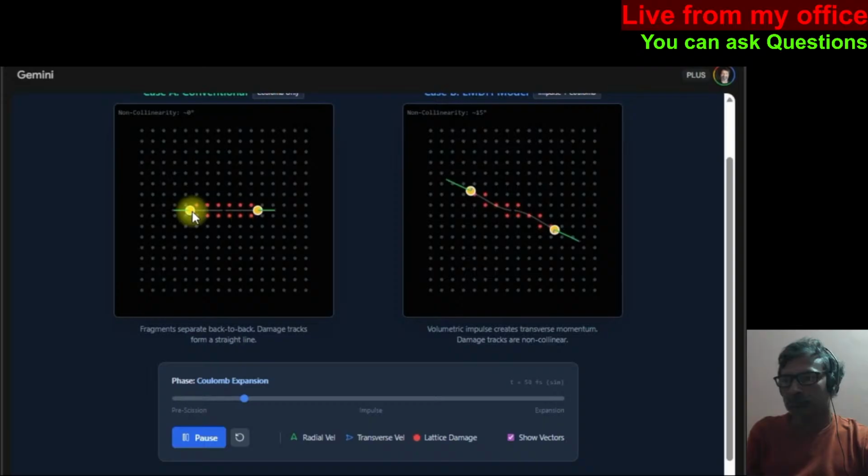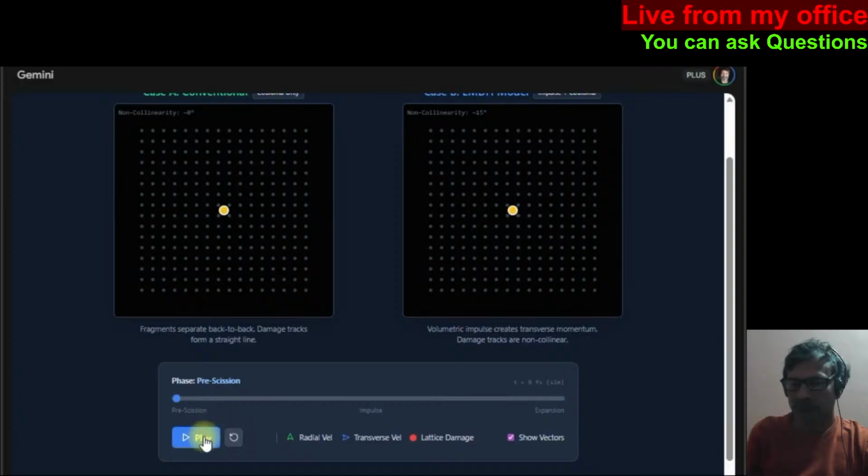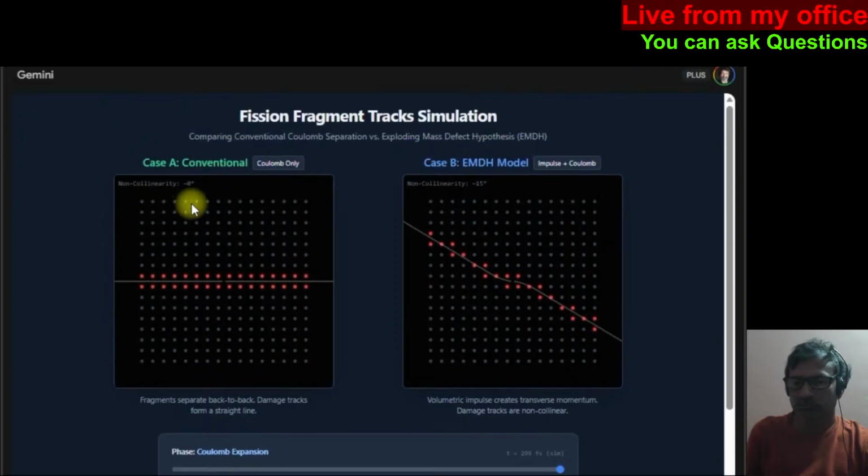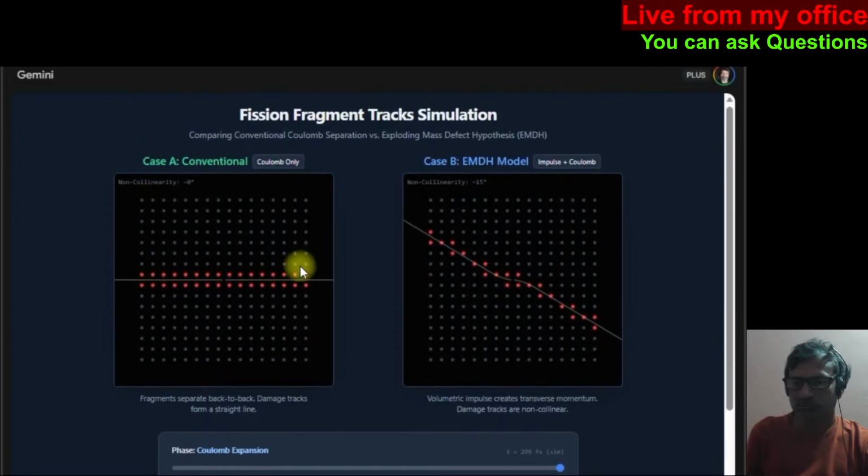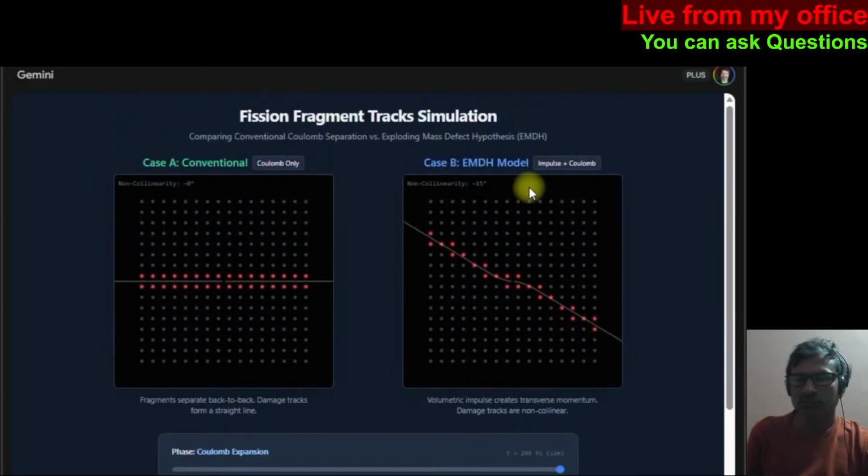In spent nuclear fuel and fission track-bearing minerals, damage trails are often found to be clean, straight, and non-collinear, indicating that angular offsets were present during the initial passage of the heavy fragments through the lattice. Because these tracks integrate motion over picoseconds while preserving femtosecond-scale initial conditions, they strongly constrain explanations that rely on later stochastic processes. Once a fragment has traversed several nanometers of crystal, its trajectory is already locked in.